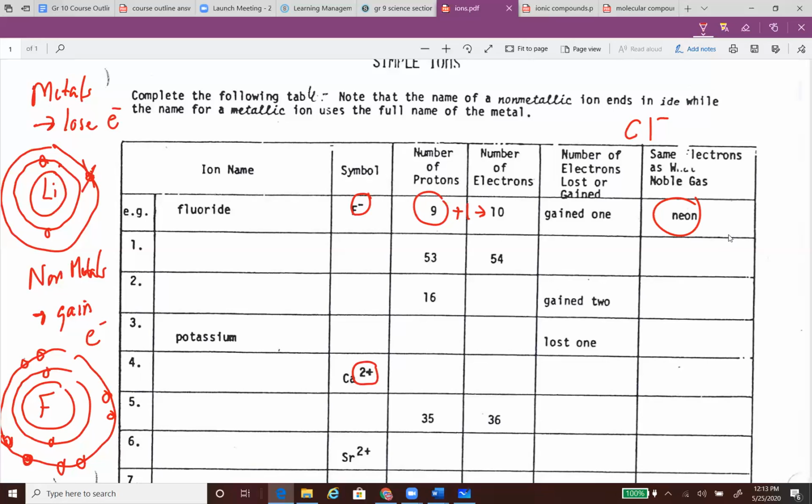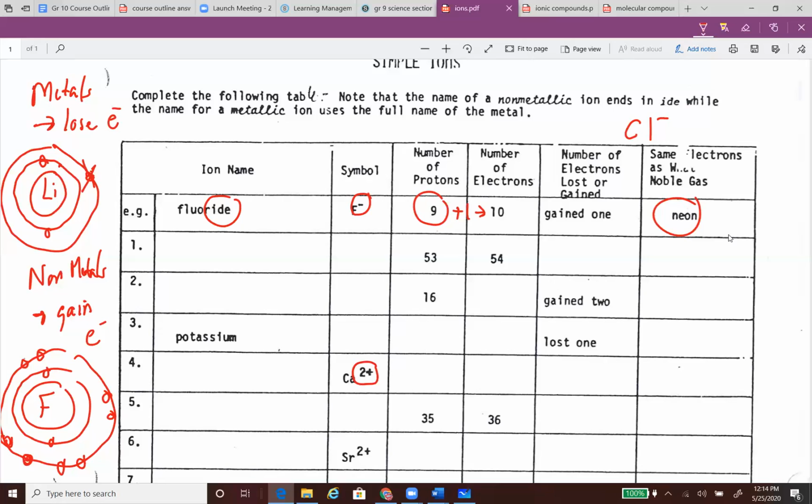What happens when an atom picks up an electron and becomes negatively charged? Now it's an ion. Remember, an ion is something that does not have the same number of electrons and protons. So if it picks up electrons, we change its name. We add an IDE ending to it. So instead of it being fluorine, now it becomes fluoride.